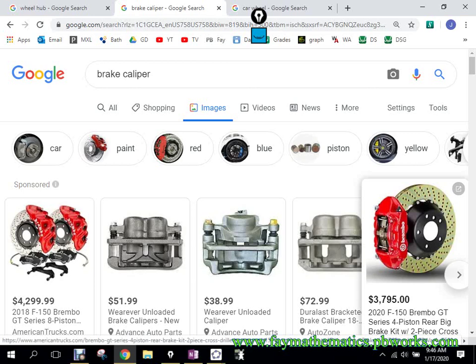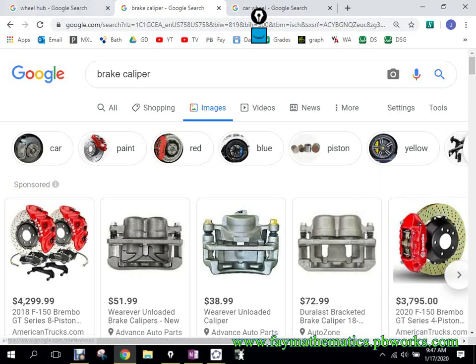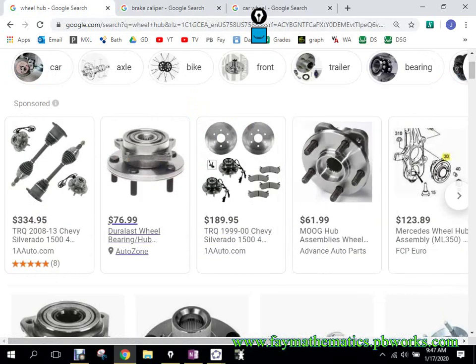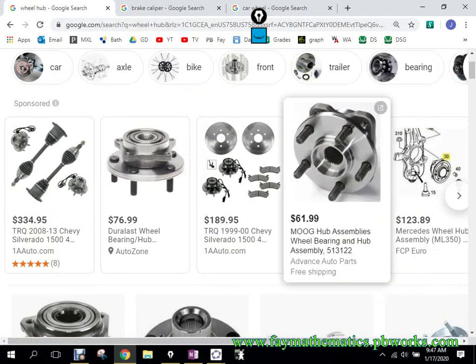Is that okay with everybody? Now that rotor is actually attached to this thing, called a wheel hub. That circle right there is where your axle comes through and attaches to your drivetrain, or your differential.